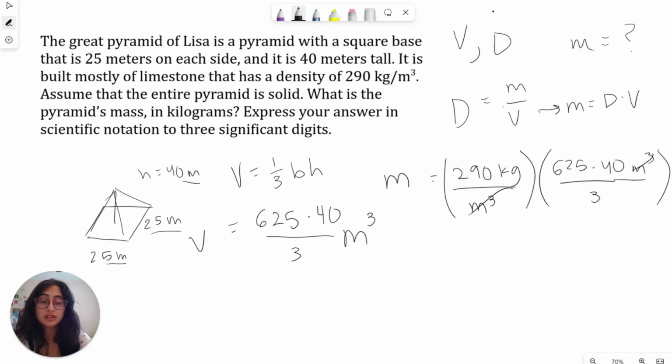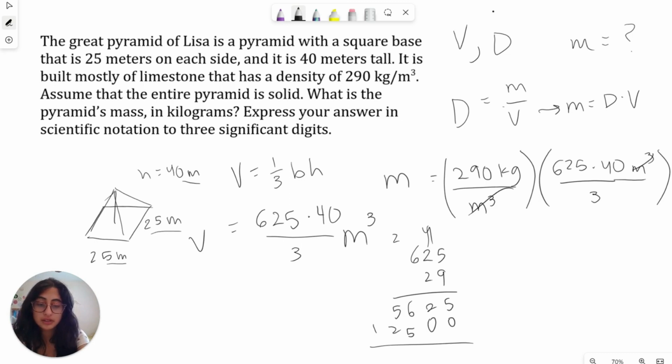To do 290 times 625, I'm actually just going to do 625 times 29, and then add in that extra 0 later to save some time. So this shouldn't be too bad. Sometimes we just gotta calculate stuff out. We get 18125, and then add that extra 0 at the end from the 290.